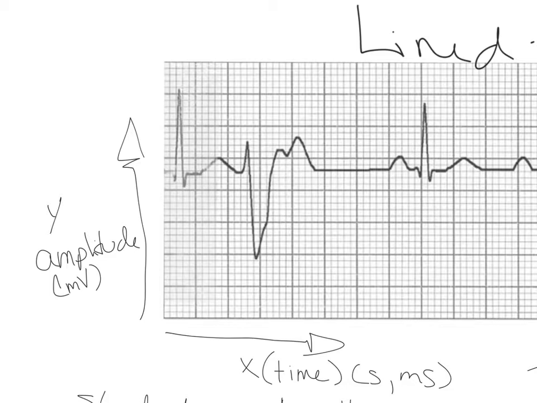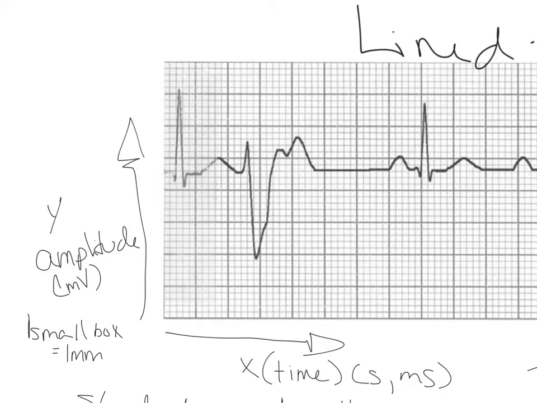So how do we define this? Well, let's look at the EKG paper. Okay, so if I just grab one small box, let's say it's that little guy right there. That one small box, whether we're going across or up and down, it's going to be the same on all sides. It'll be 1 millimeter in length. So one small box is equal to 1 millimeter.